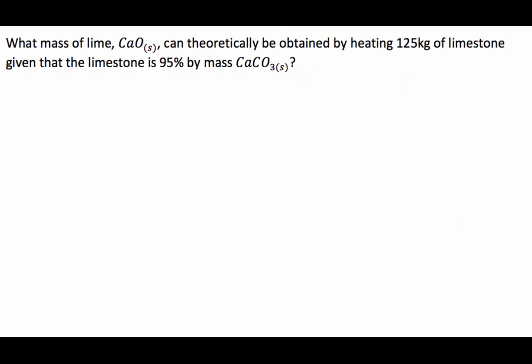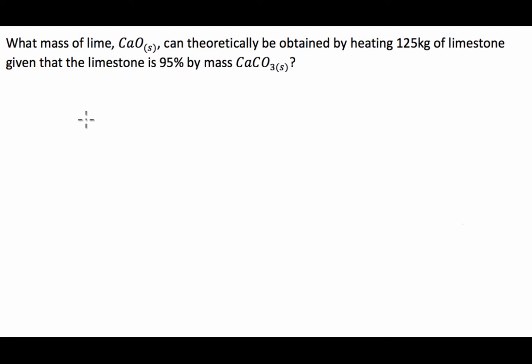Okay, so to start with, we're going to come up with an equation which shows the conversion of calcium carbonate to calcium oxide, or lime, and it's going to shed a carbon dioxide.